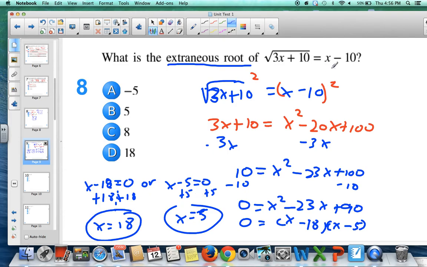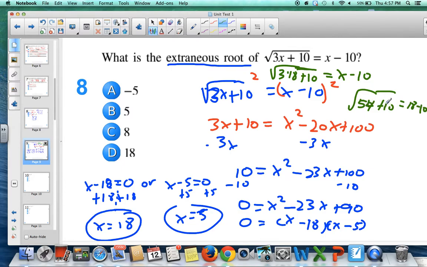So when I put 18 into here, I get square root of 3 times 18 plus 10 equals x minus 10. 3 times 18 is 54. 54 plus 10 equals 18 minus 10.